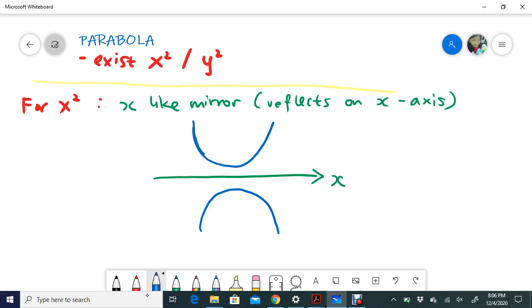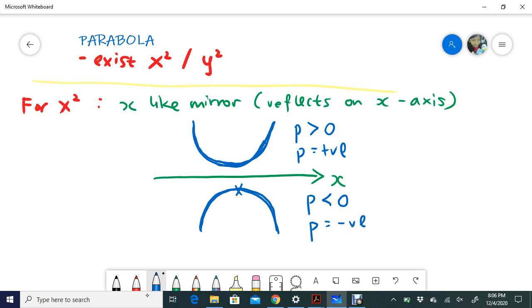If smiley face, this will be when p is larger than 0, in other words p is positive. If sad face, or you have a maximum point here, this will be p less than 0, in other words p is a negative value.